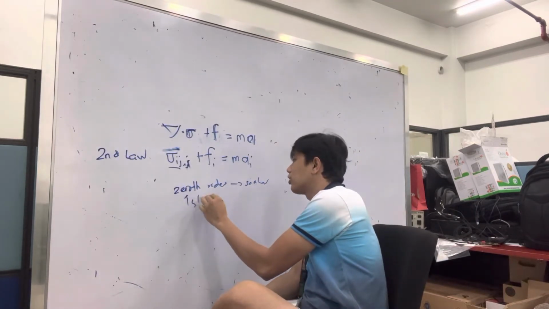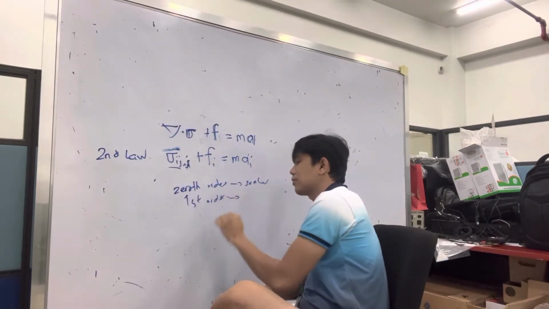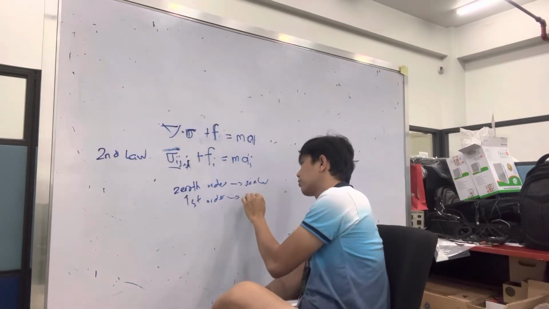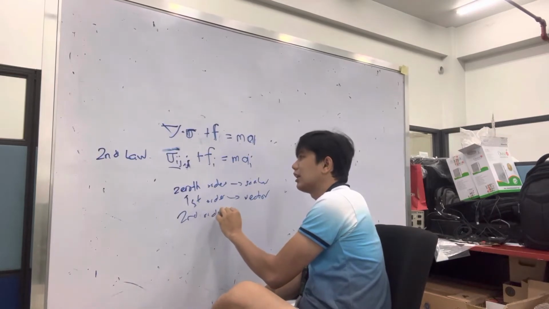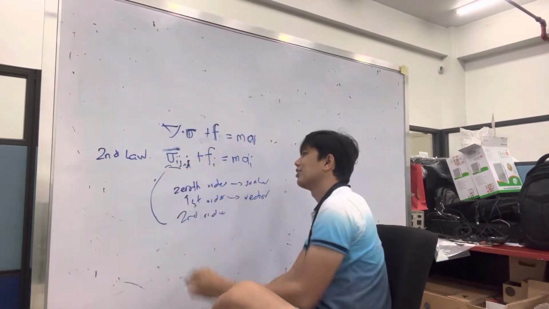First order is what you are familiar with, called vectors. Then second order, this part here.